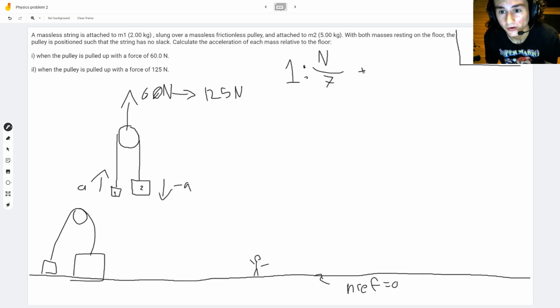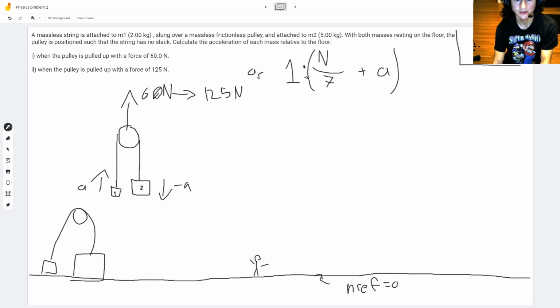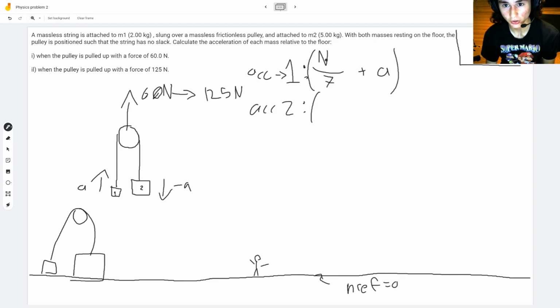So for 1, then we have the a of the object. This entire thing is the acceleration from ground level of 1. So now, the acceleration of 2 from ground level. Again, we're going to recycle this because it's just the upward acceleration of the entire system, as if this were just one giant block that was 7 kilograms.